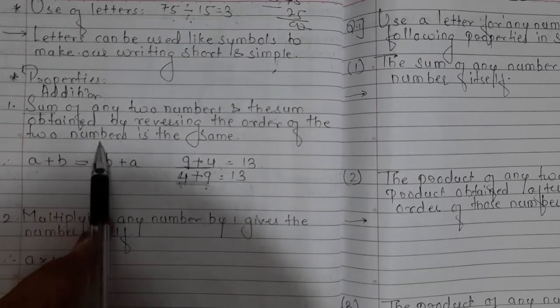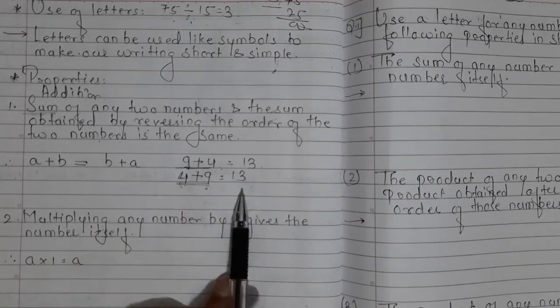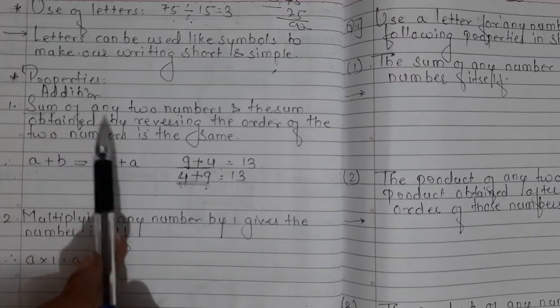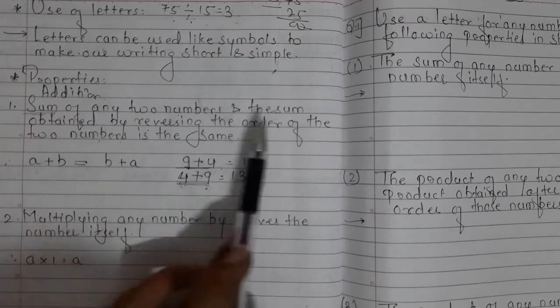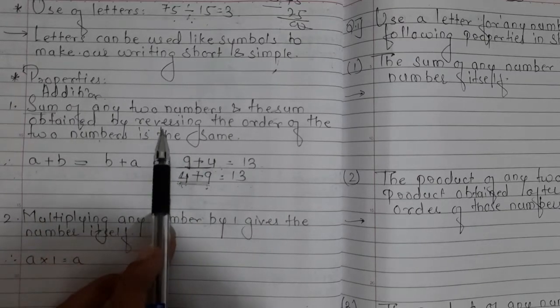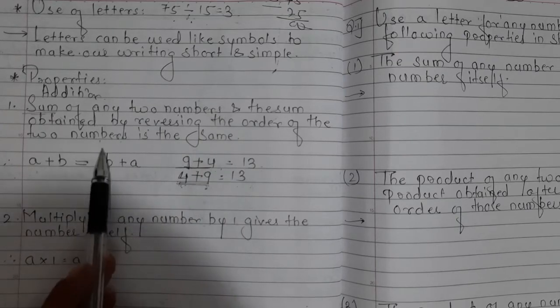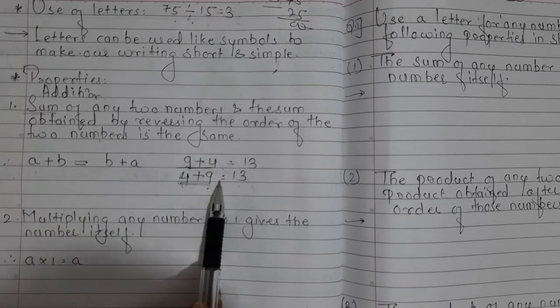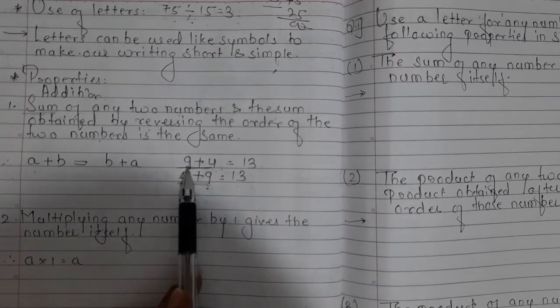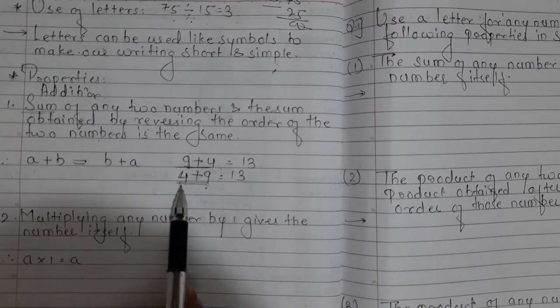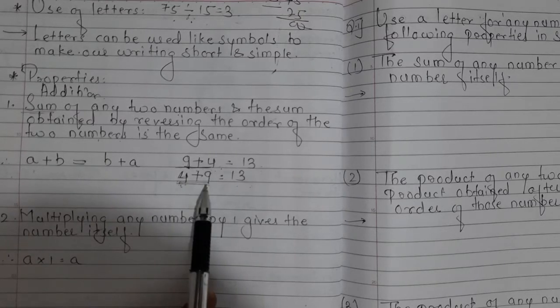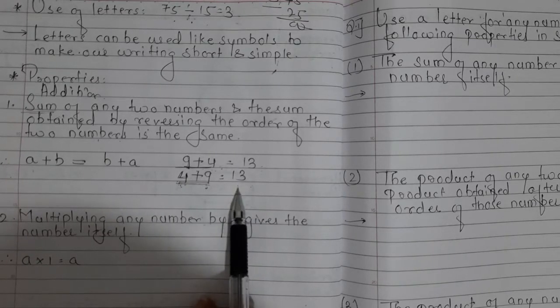So this property says the same thing, that when we add any two numbers and again we add those two numbers by changing their order, we get the same answer. So 9 plus 4 is equal to 13, but after changing the order, 4 plus 9 is also giving me the answer 13.